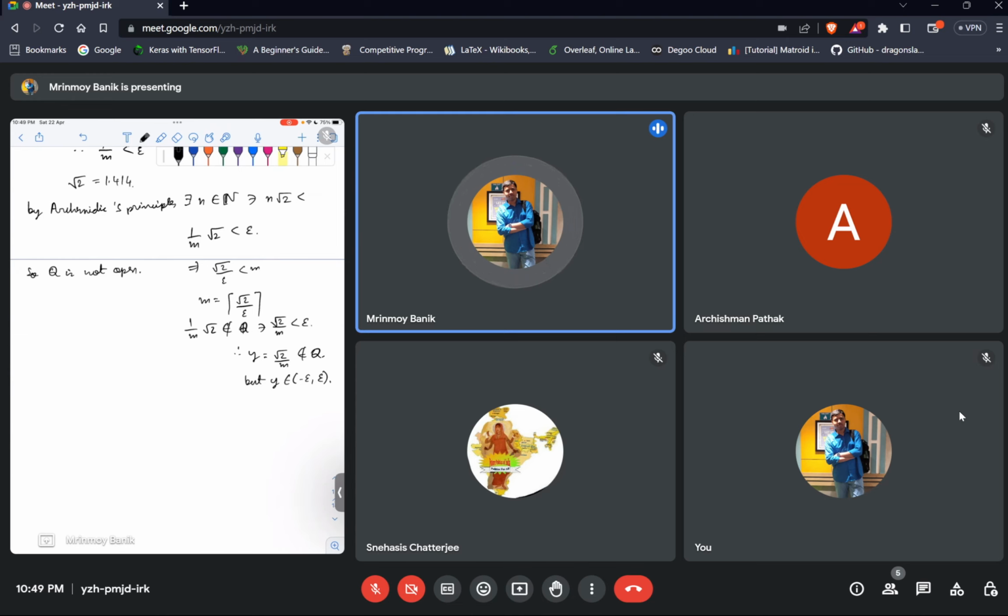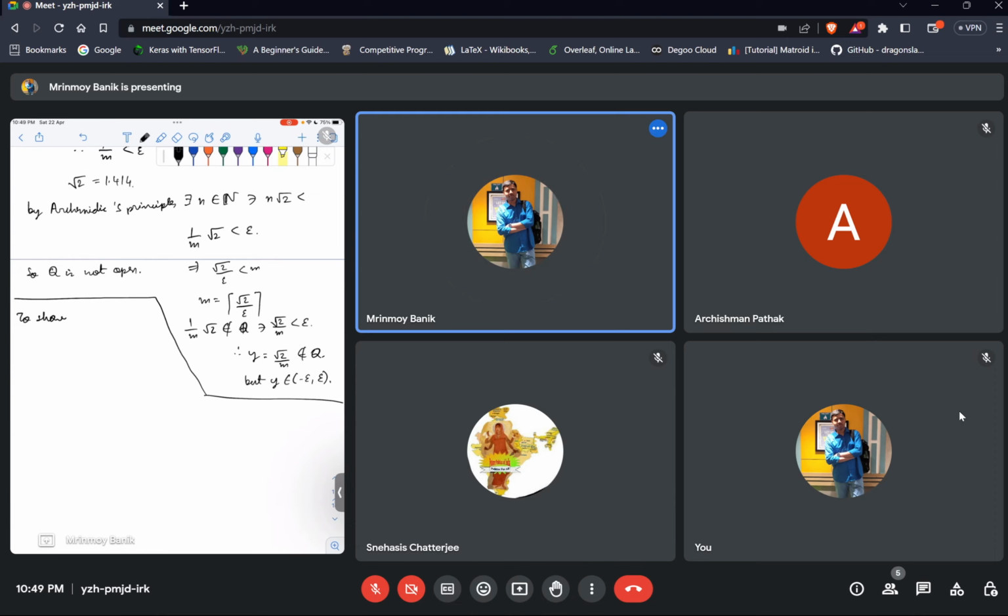So to show it's not closed, we can use that theorem that says a set is closed if and only if its complement is open, and the set is open if and only if its complement is closed.